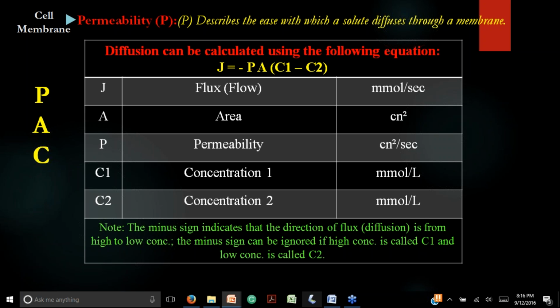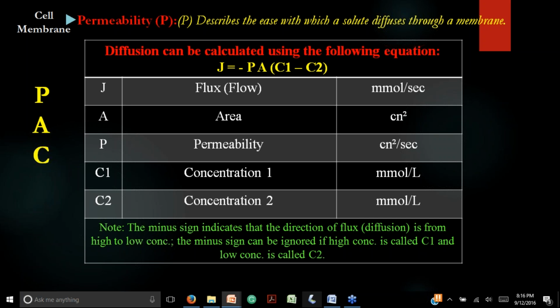They are going to control the amount and kind of substances, and they are going to get rid of waste products, like for example urea. Urea can be permeable through the cells and then be excreted. So that is one component of the flow of the diffusion: permeability.